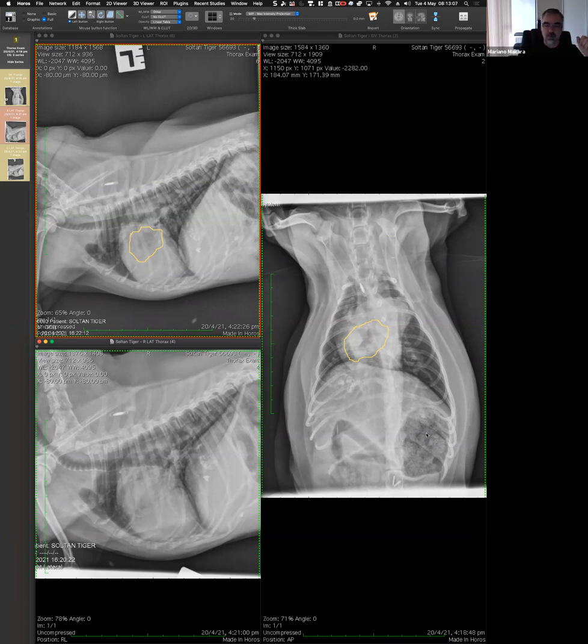Okay. So anything else? I may be suffering acute imaginitis, but I think there could be bony changes in the spine there, and there.